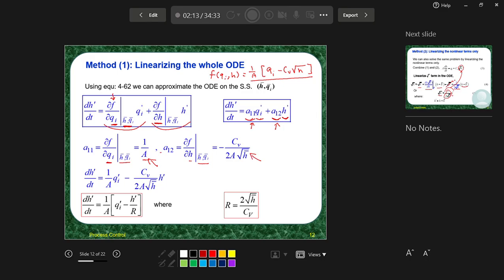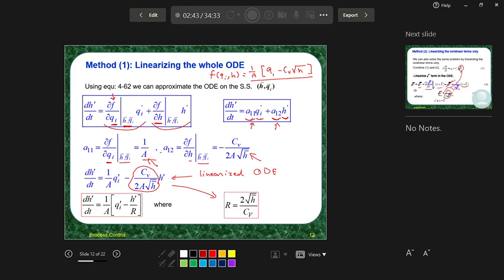So we can put them in the final form of the linearized ODE. And if you look at this term here, we can define R, which is the reciprocal of this term.